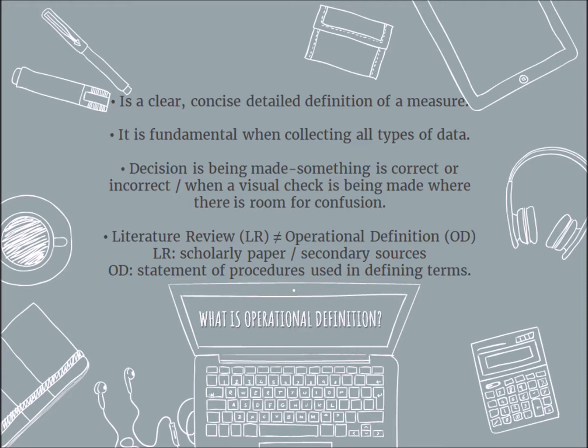Literature review is a text of a scholarly paper or secondary sources which includes the current knowledge, including substantive findings, as well as the theoretical and methodological contributions to a particular topic, while operational definition focuses more on the interpretation of a certain data measurement, or we would say the statement of procedure used in defining terms of a process.